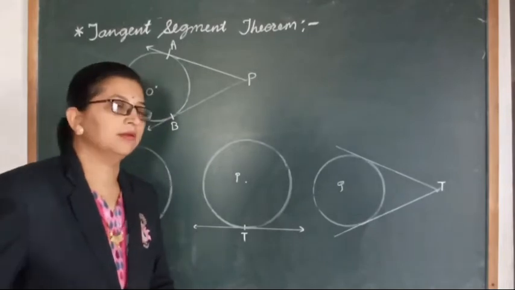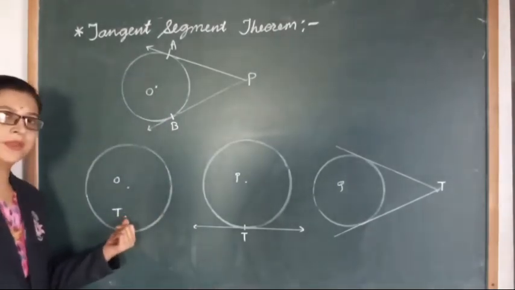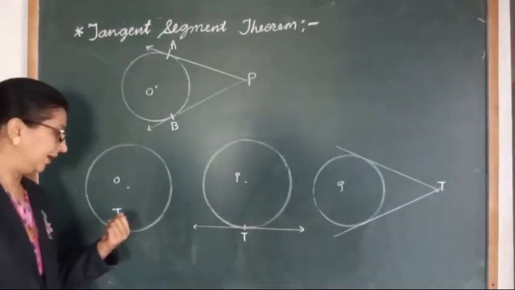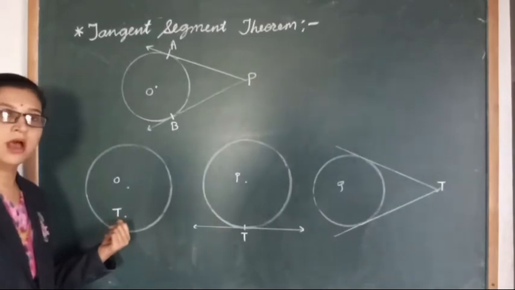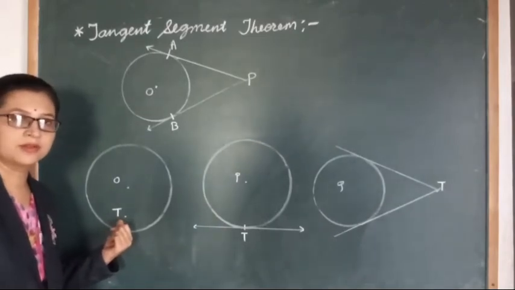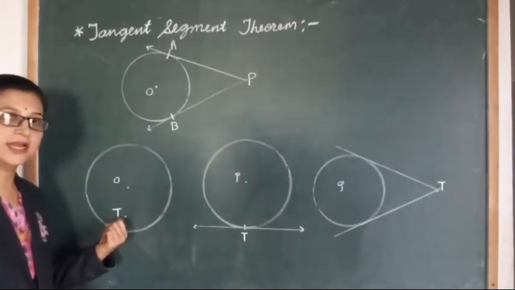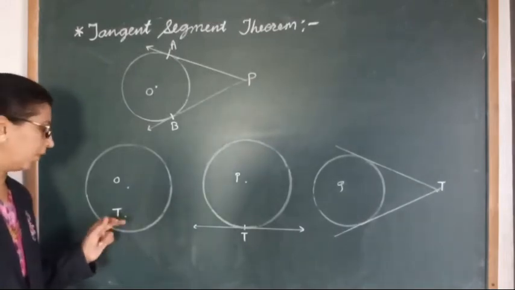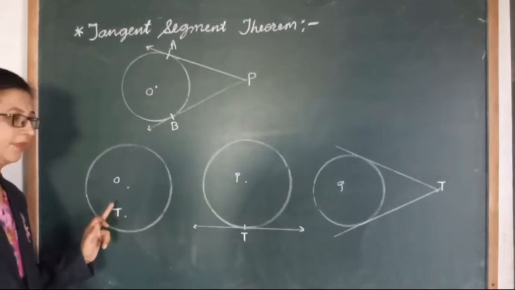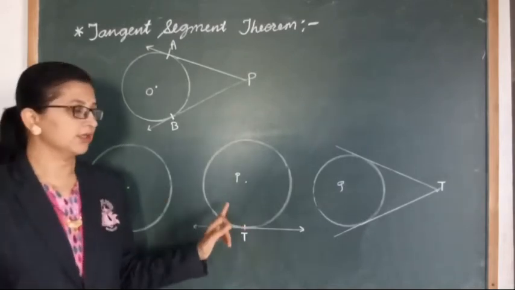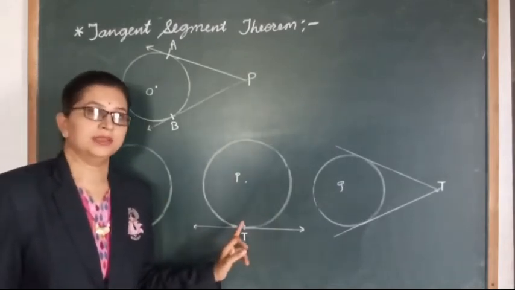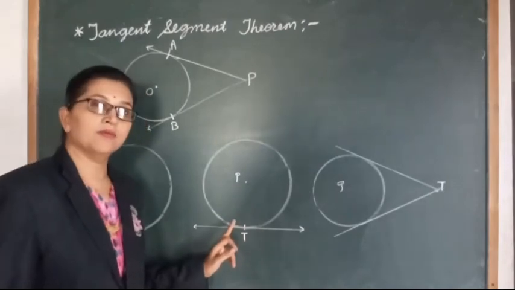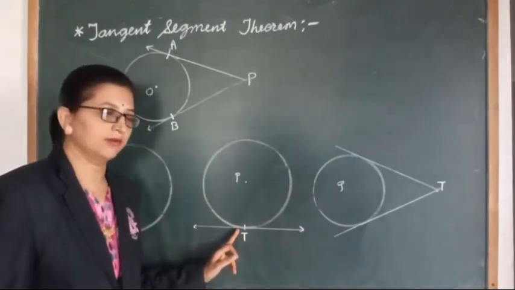Now let's see, when the point is interior to the circle, how many tangents can we draw? Easily we can say that we cannot draw any tangent when the point is interior to the circle. When the point is on the circle, we can draw only one tangent.